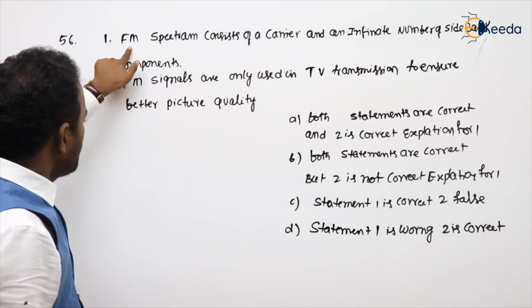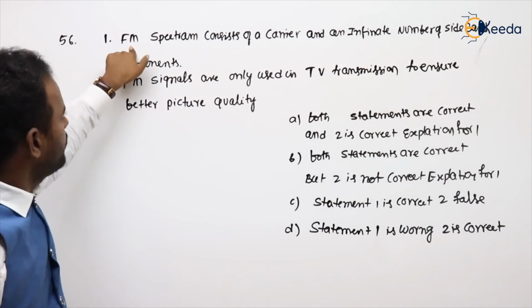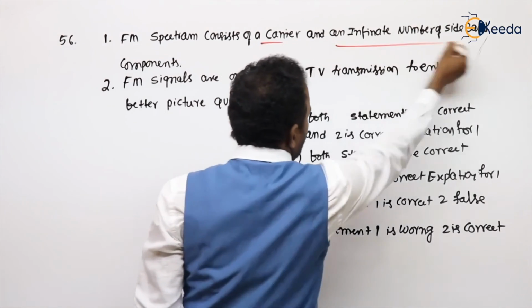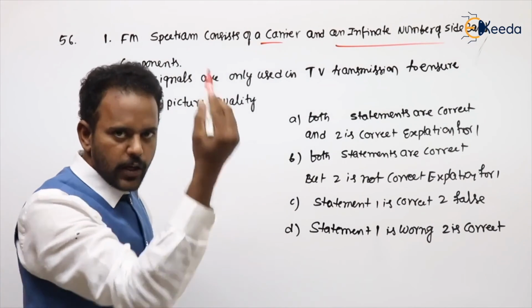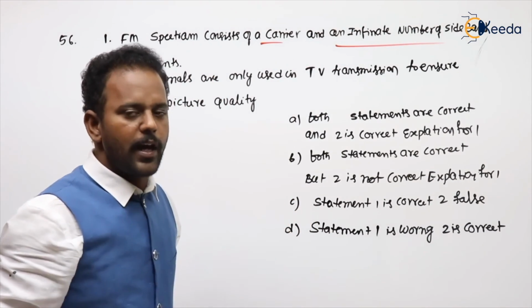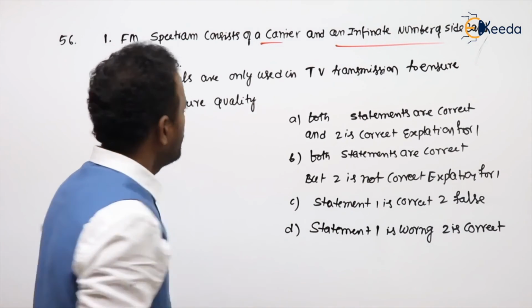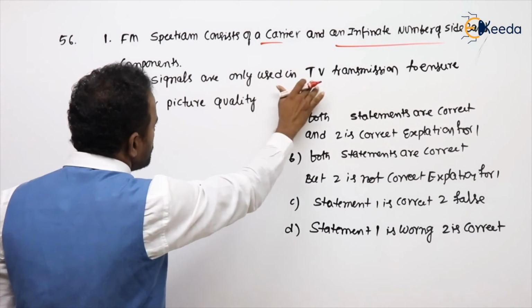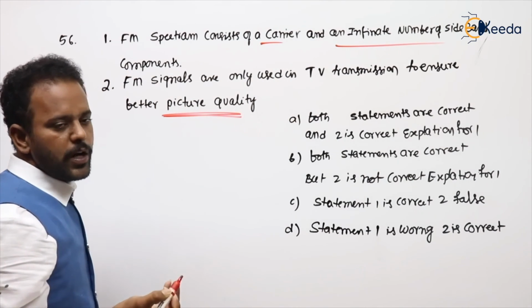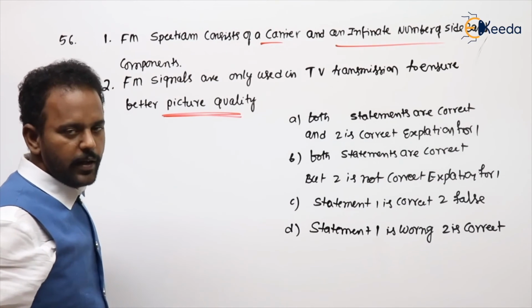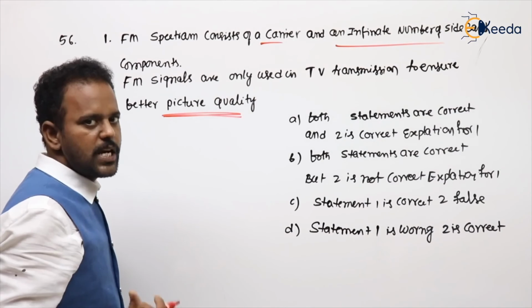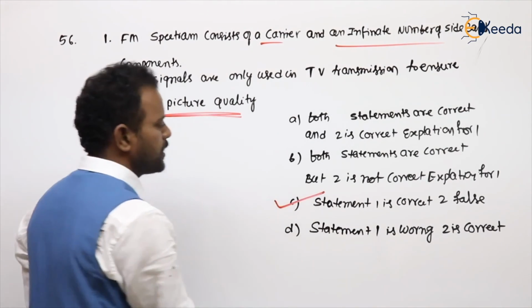Let's see individually whether both are correct or wrong. FM spectrum consists of carrier and infinite number of sidebands. True. Carrier component, infinite number of sidebands. So that's why the bandwidth is infinite, as I told you theoretically. Next, FM signals are used in TV not for the picture quality. FM signals we are using for audio content only. For picture, what are we using? VSB-SC modulation, vestigial sideband. So directly option C.